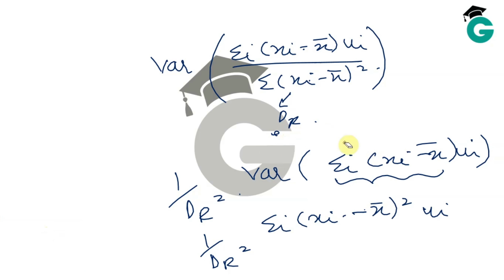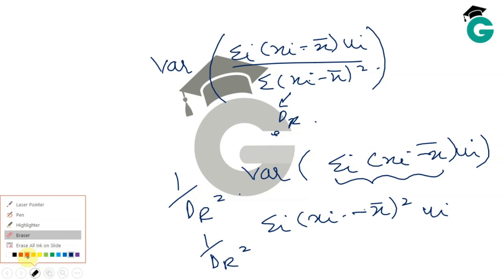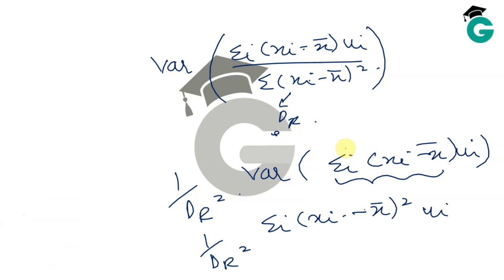I actually will not take it out right now because I cannot, simply because there is a summation sitting right here. What I can, however, do is take the variance operator inside, and then I can say that summation i. So in fact, I should write this out in 2 steps. Hold on. Eraser.